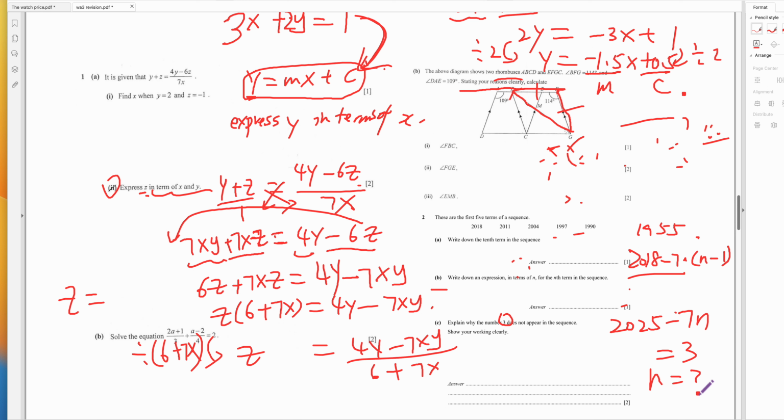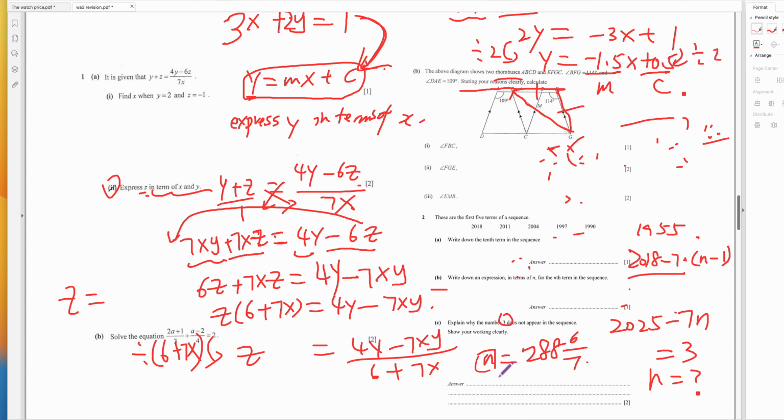Divide by negative 7, n equals negative 2022 divided by negative 7. It's a decimal. Give me a mixed number. Between a mixed number and a decimal, I choose mixed number. 288 and 6 over 7.